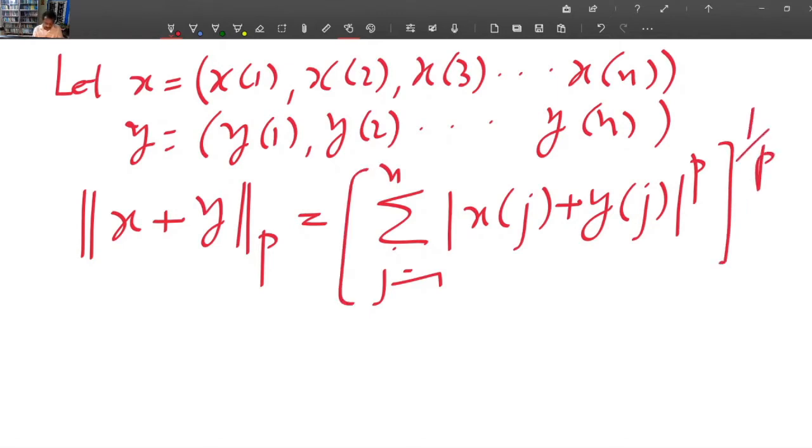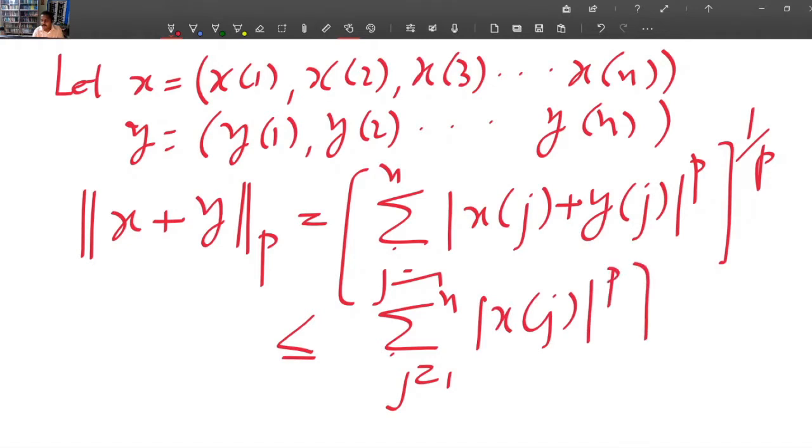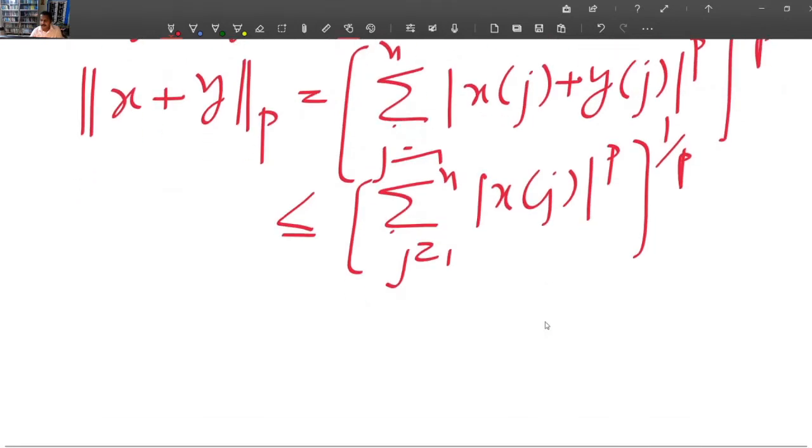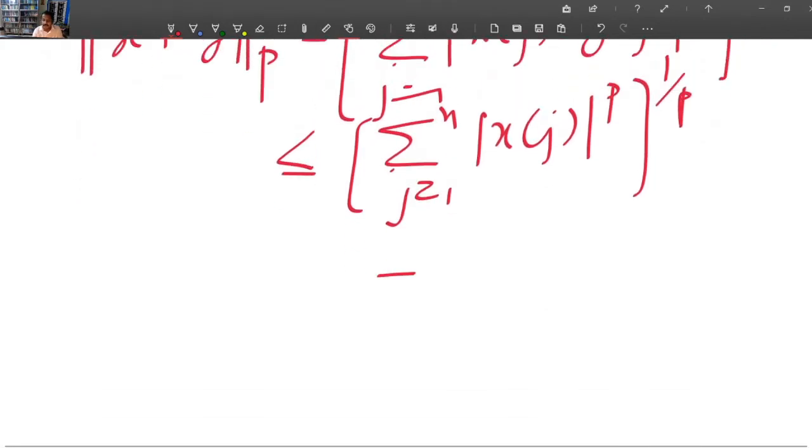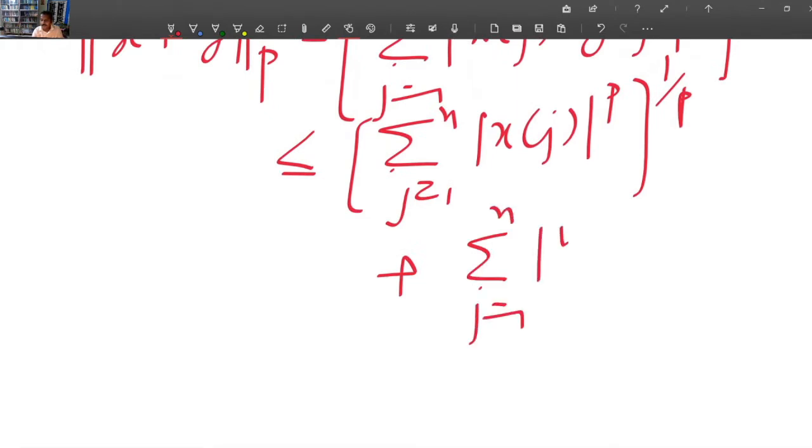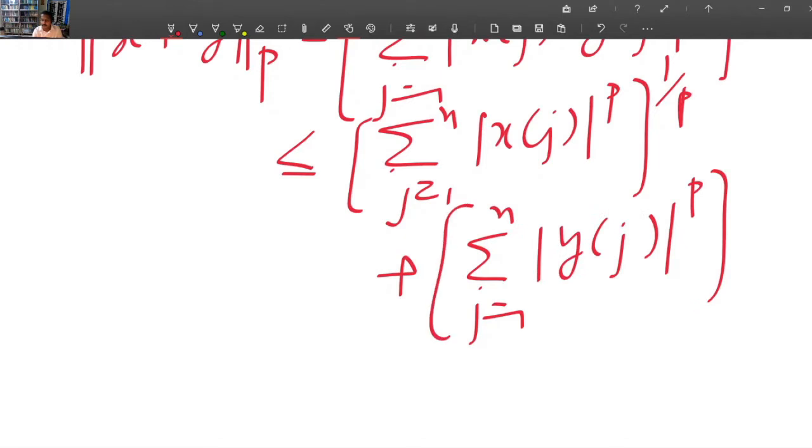and this is less than or equal to, by Minkowski's inequality, sigma j is equal to 1 to n modulus of x of j the whole raised to p the whole raised to 1 by p, plus sigma j is equal to 1 to n modulus of y of j the whole raised to p the whole raised to 1 by p.